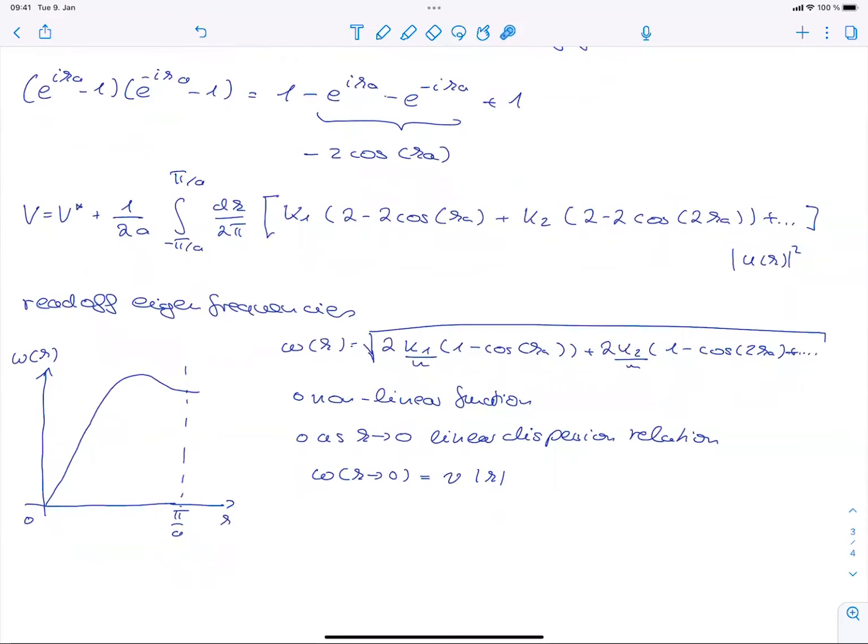And so obviously from this term we can now take the limit of taking k to 0 and expand to solve for v.